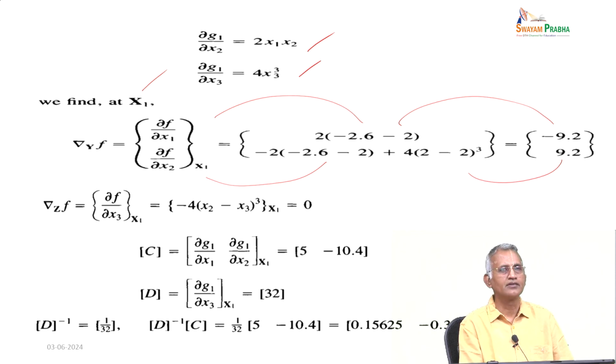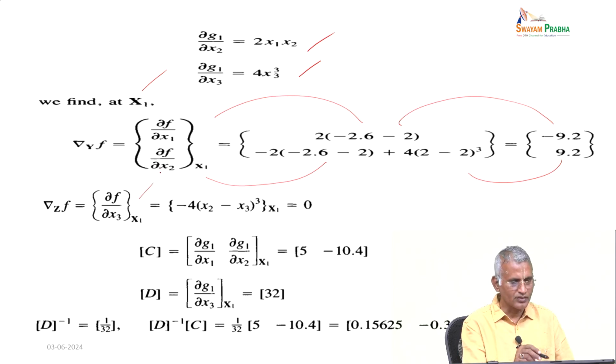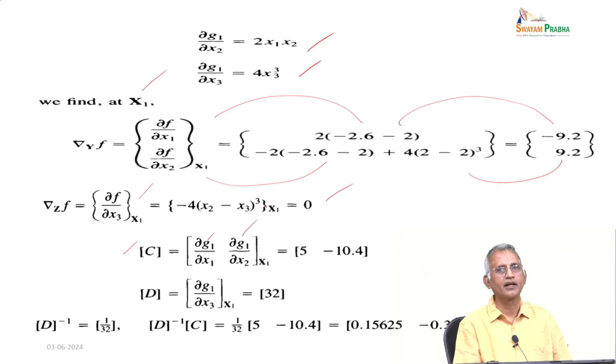Therefore, delta z f equal to ∂f/∂x3 at x1 equal to minus 4 into (x2 minus x3) whole cube into x1 square. So, the value of C is nothing but ∂g1/∂x1, ∂g1/∂x2 at x1; we already found the value of x1, substitute it, we have 5, minus 10.4.